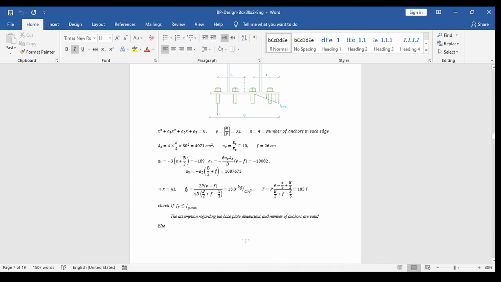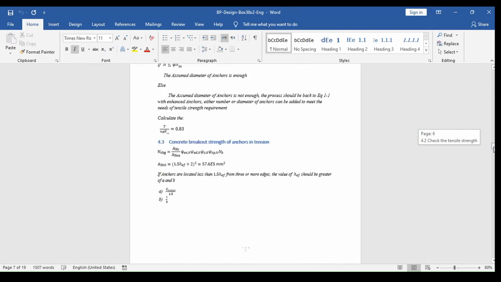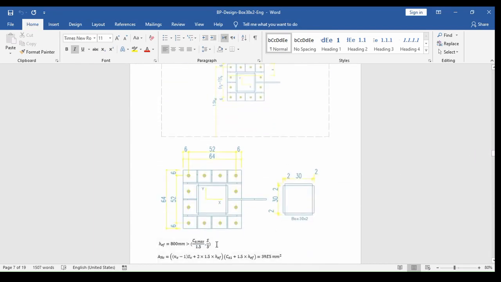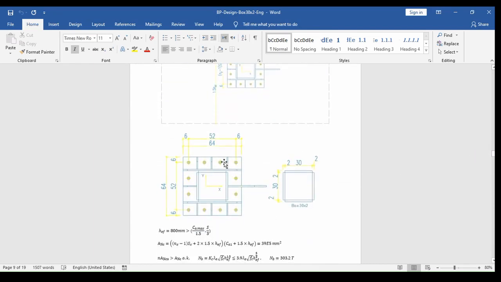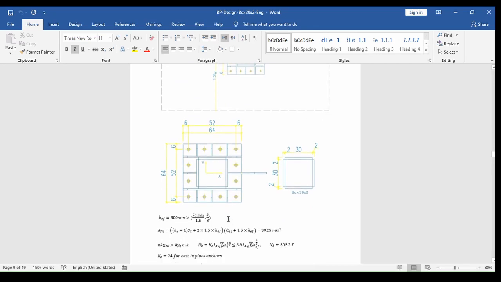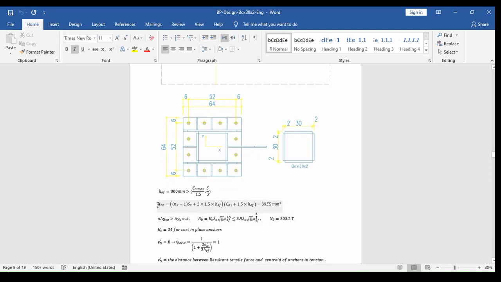And then the other difference, for example, is the number of anchors in tension. We assumed, for example, here all of them in tension, but IDEA calculated differently, so it has an impact on calculating ANC, and so we have different numbers for ANC.